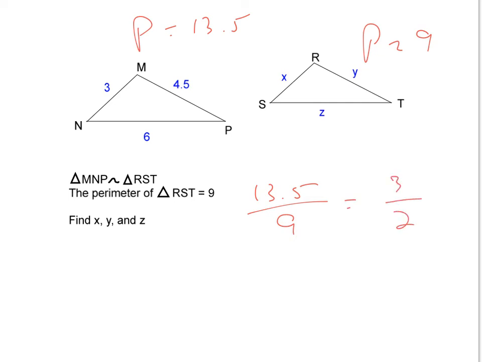Okay, so to find x, y, and z, to find x, I'm going to use my proportional signs. So x is to 3, and notice I'm going small to big, so I need to make sure I do this now. Small to big over here, 2 is to 3, x must equal 2.